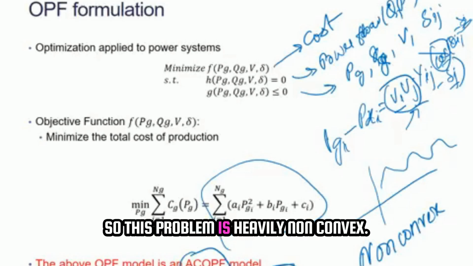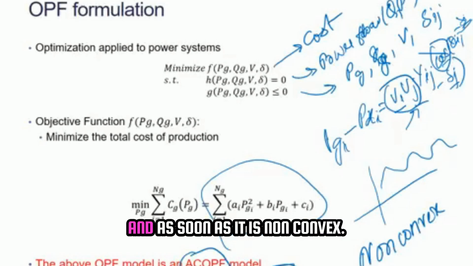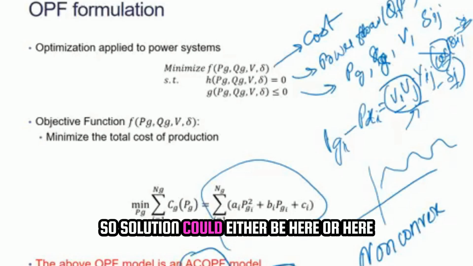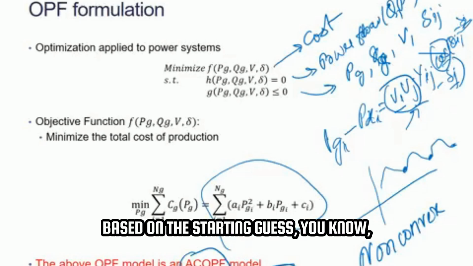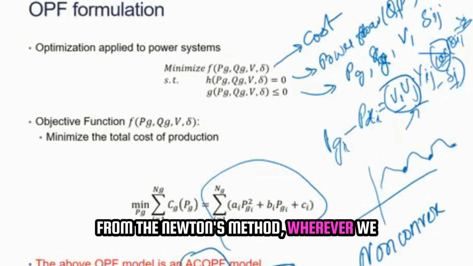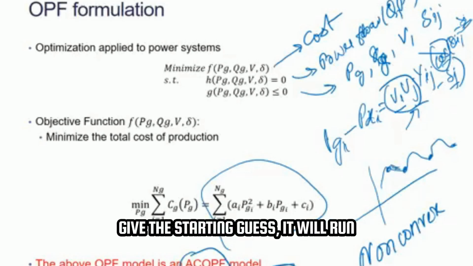So this problem is heavily non-convex, and as soon as it is non-convex, I told you before that the solution could be local. The solution could either be here or here or here, based on the starting guess. From Newton's method, wherever we give the starting guess, it will run based on that.